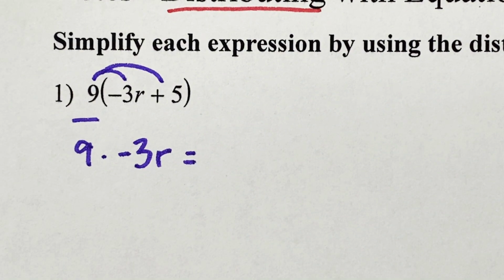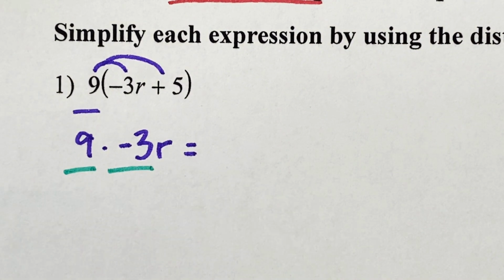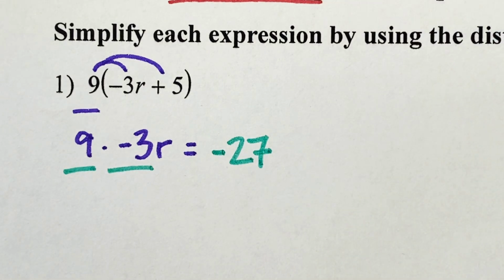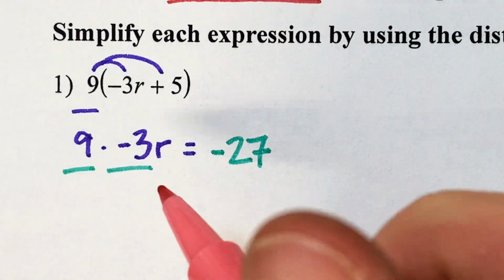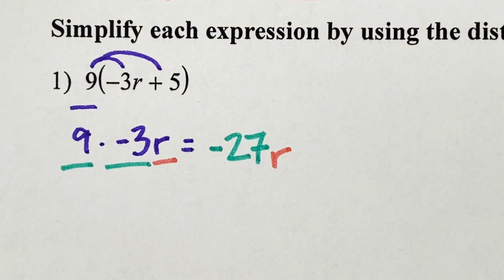Let's look at the coefficients really quick. We have 9 times negative 3. What is 9 times negative 3? This is going to give me negative 27. So negative 27, and then how many r's did I have being multiplied? I just had one r right there, so our final piece is negative 27r.